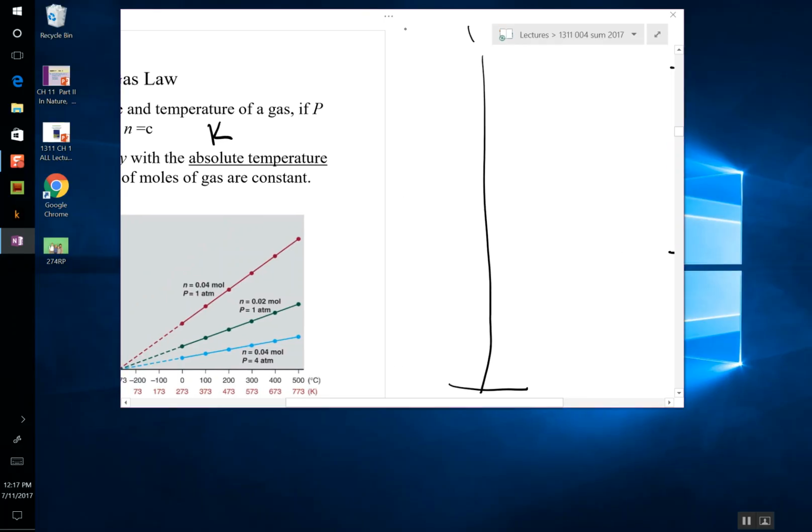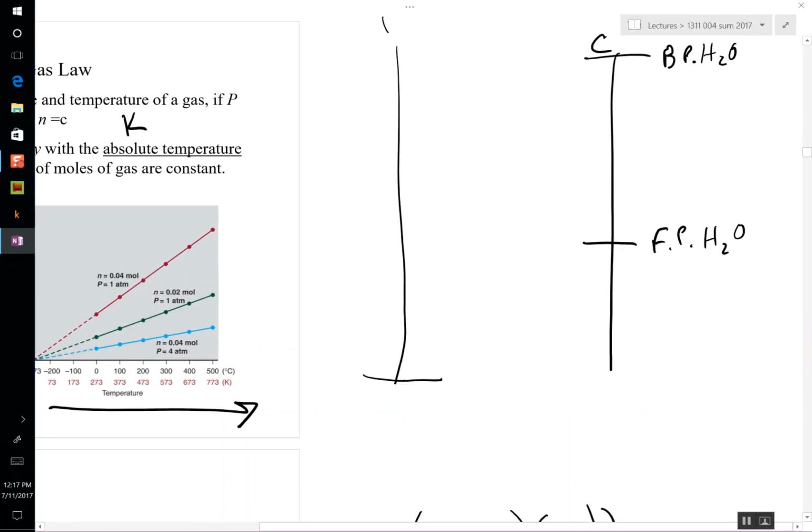Kelvin. 0 Kelvin equals 0 energy. It is the only temperature scale that's directly proportional to energy. And why is the volume varying directly with Kelvin temperature?